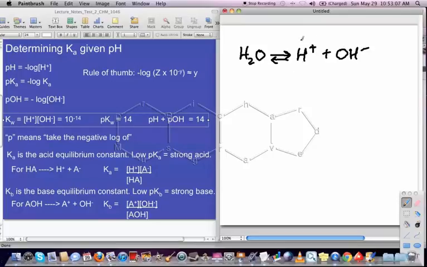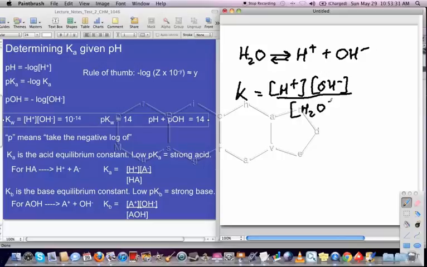So acidity is going to be based on H plus, and the basicity is based on OH minus. But if you wanted to draw a K expression for that, it would look like this. Products over reactants, so it would be concentration of H plus times concentration of OH minus, and that's over the concentration of water.